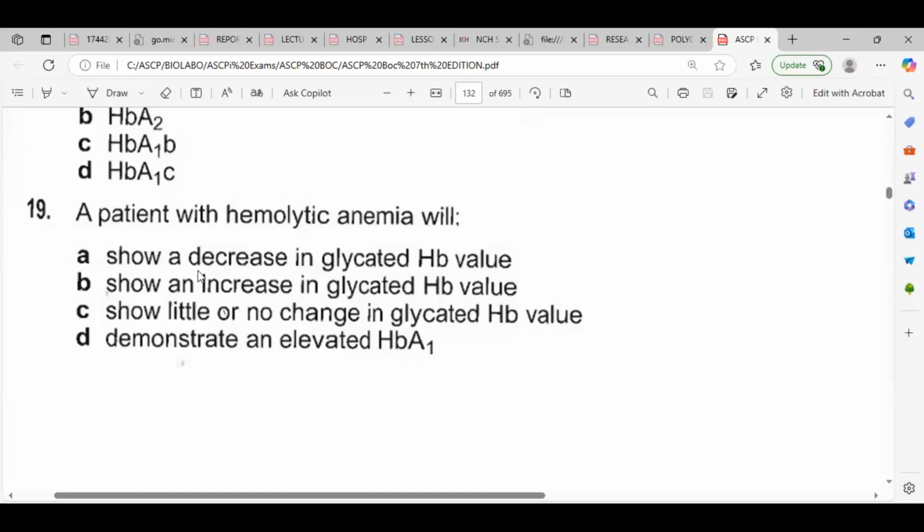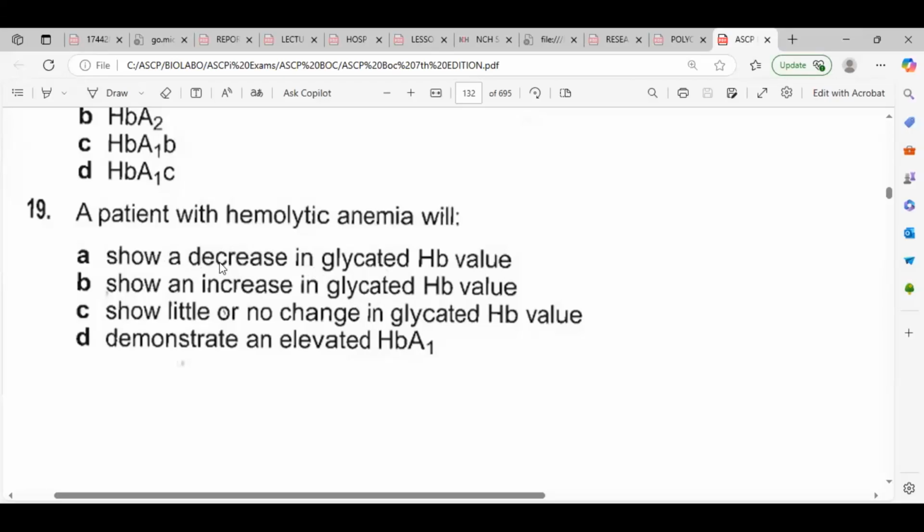So when there is a problem of hemolytic anemia, because red blood cells are decreasing, that will also negatively affect glycated hemoglobin levels. It will also be decreased.